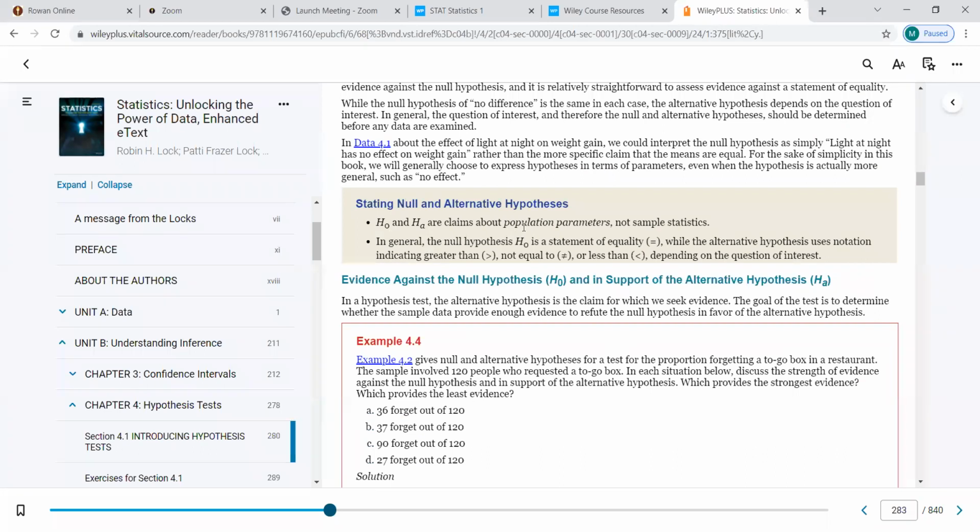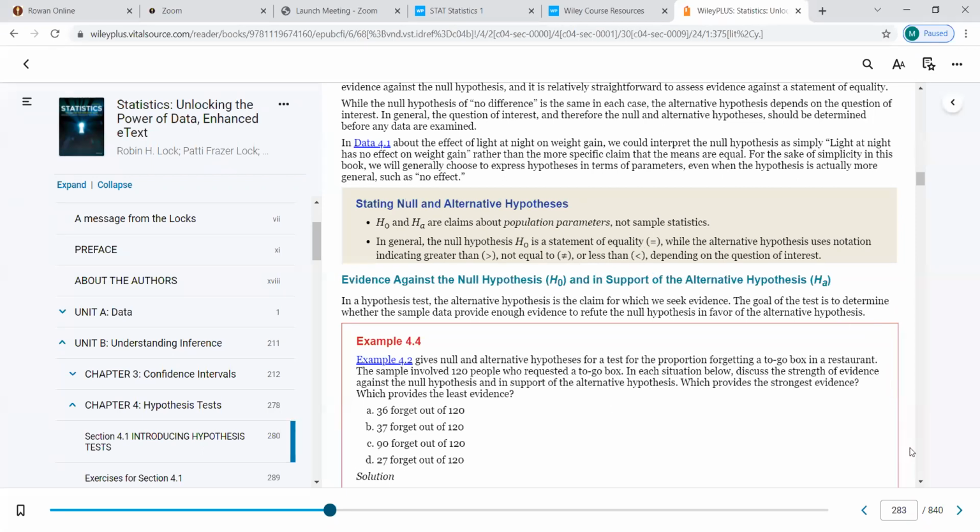So we always use the correct symbols for mean and proportion: the Greek symbol mu for population mean and the symbol P for the population proportion. In general, the null hypothesis is a statement of equality, so the equal sign will always be in the null hypothesis. And the alternative hypothesis will either have a greater than symbol, a not equal to symbol, or a less than symbol, depending on the question that you're looking at.